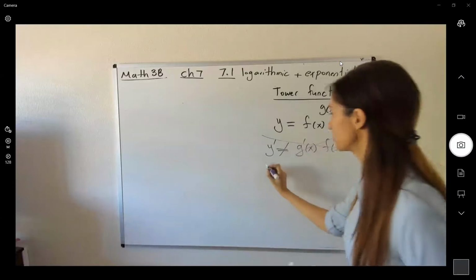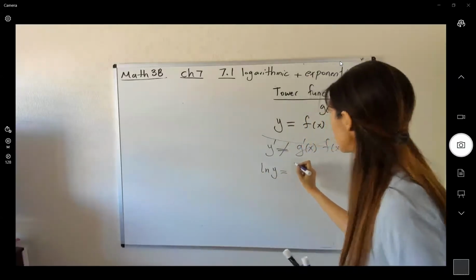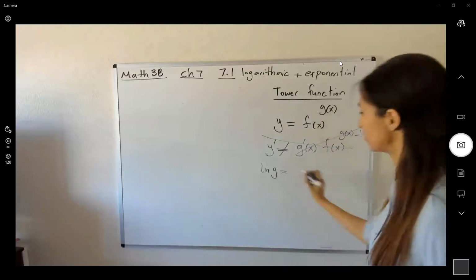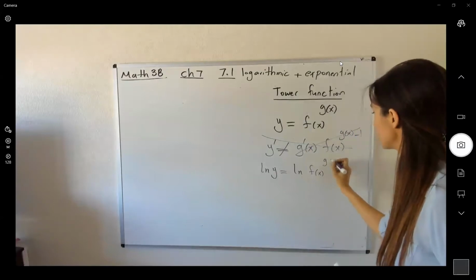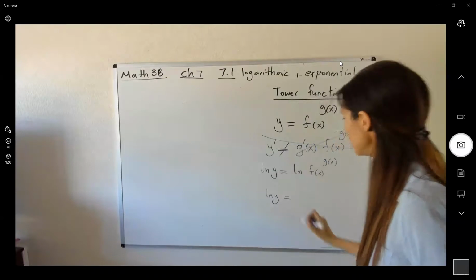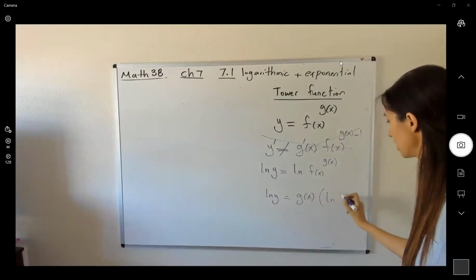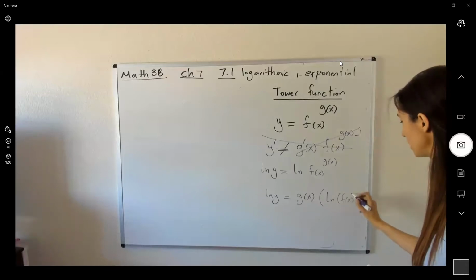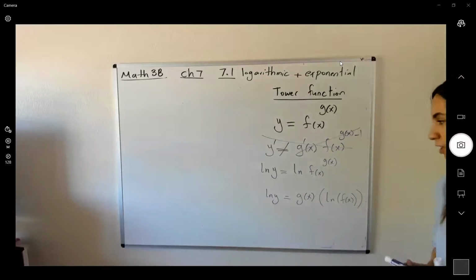So what do we do instead? You can take ln of both sides, then start taking the derivative. ln of y is equal to g of x times ln of f of x. Then you take the derivative of both sides.